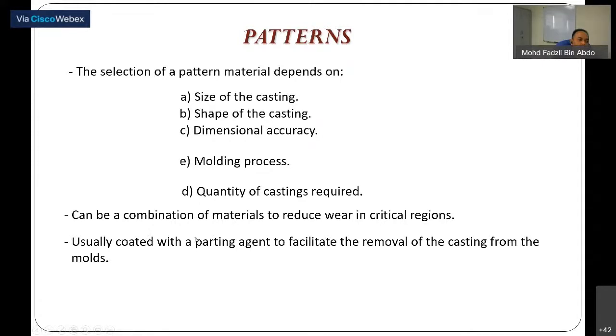The pattern can be a combination of materials to reduce wear in critical regions. It is usually coated with a parting agent to facilitate the removal of the casting from the molds. This means we can coat the pattern with a lubricant with a very low friction coefficient so that it is easy to open and easy to pull out. We cannot just put the wood in like that, so we have to coat it with a certain lubricant.